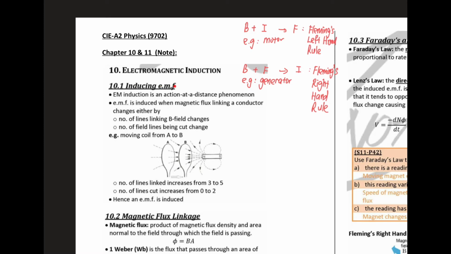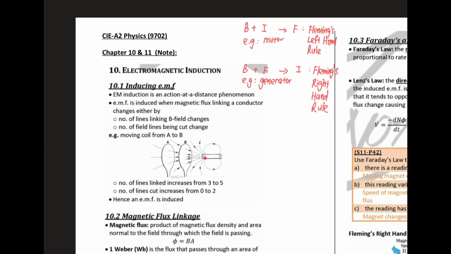Okay, now let's see how it works. Inducing EMF. EMF, in general we call it voltage. So inducing EMF means produce voltage. So first point, electromagnetic induction is an action at a distance phenomenon. Action at a distance means the magnet and the conductor or the coil are not touching each other.